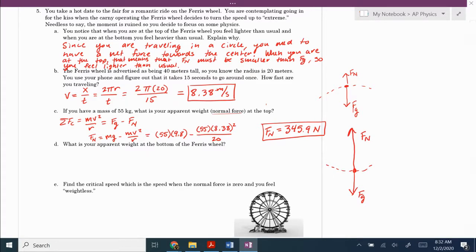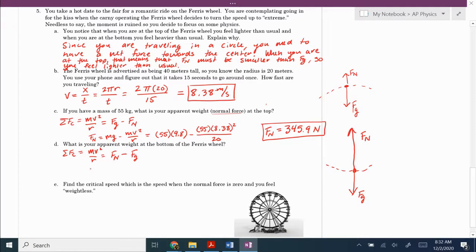So in that case, the sum of the forces is equal to mv squared over r, which equals the normal force, because it's positive towards the center of the circle, minus Fg.